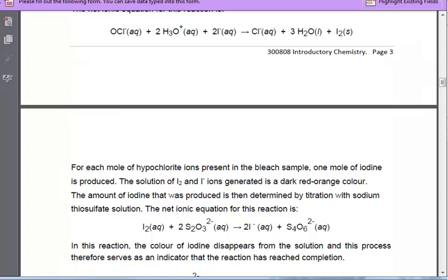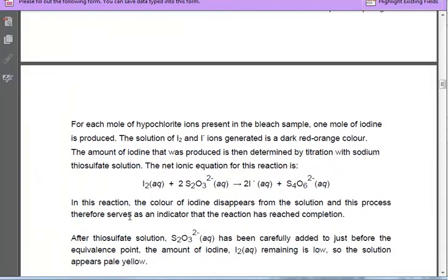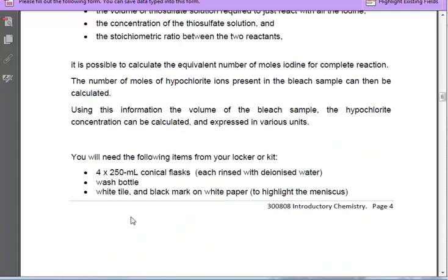Do notice that the reaction between iodine and thiosulfate is in a ratio of 2 to 1. The amount of thiosulfate that's reacting with the iodine is twice the amount of iodine that's present. Okay, let's go through the calculation and take you through it.